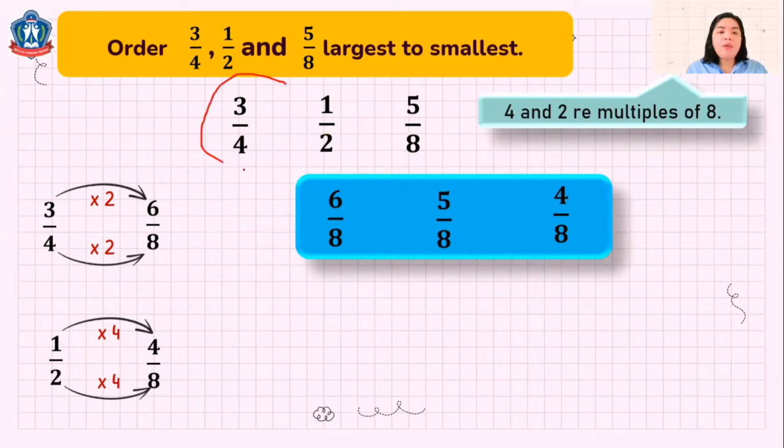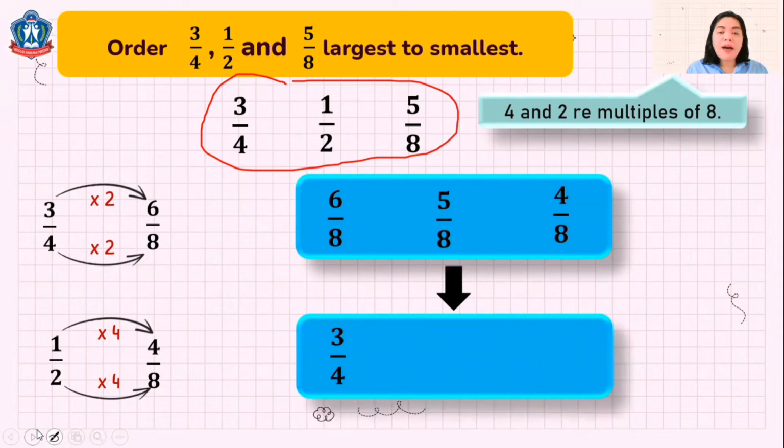Now, using our original fractions, the largest is 3/4, followed by 5/8, and the smallest is 1/2. So this is how to order fractions with different numerators and denominators.